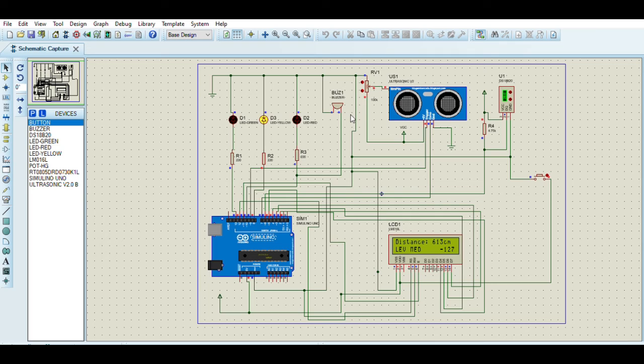For this situation, the flood is in the warning level. When we set the potentiometer to high, the red LED will turn on and the distance will appear as 112 centimeters. So this is the danger situation.